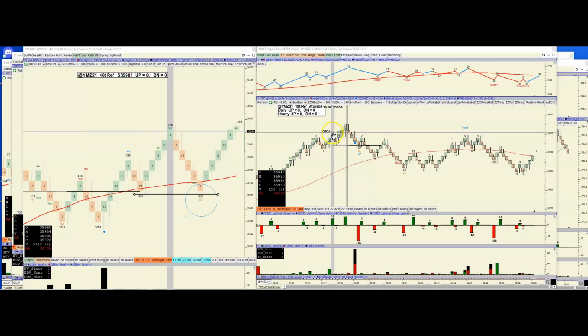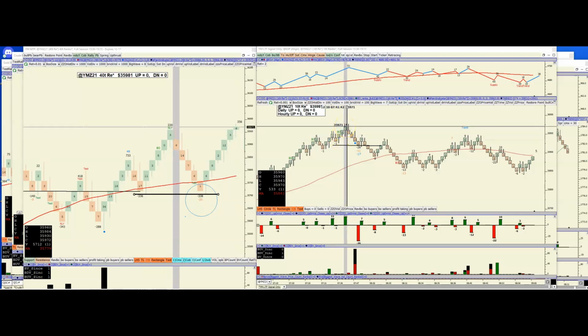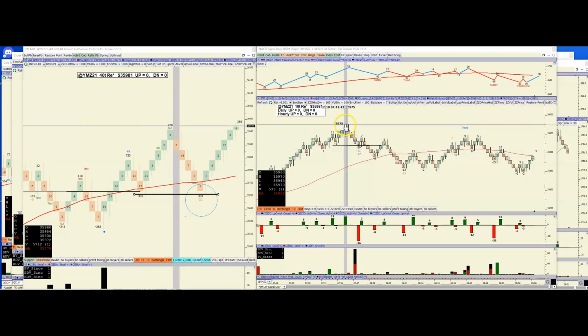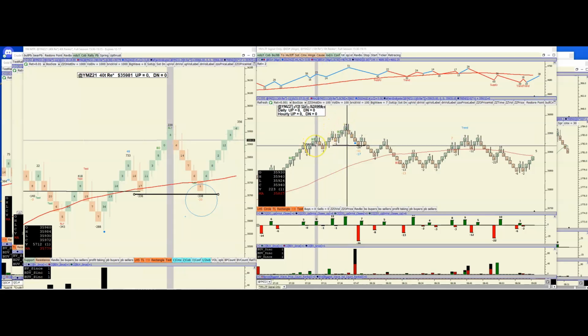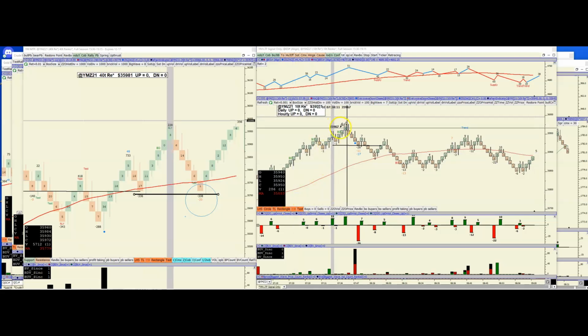On the next 3 brick wave up, there is 11 volume. On the next 3 brick wave up, and I'm just looking at 3 brick waves, there's 14 volume. So when we're taking a look at 3 brick waves, what do you notice?